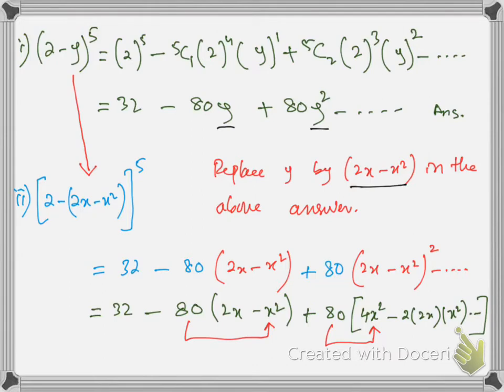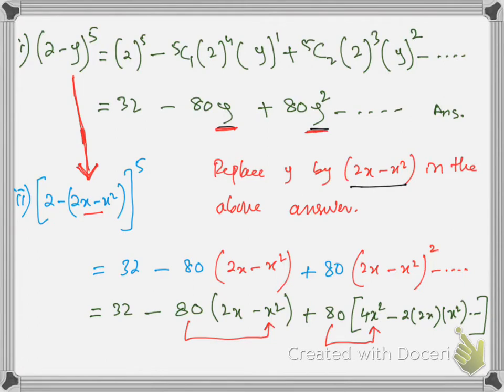So let's start the solution. First expand the first part, and this is the answer of the first part. Now you need to solve the second part. For that you need to replace y by this thing. So replace y by this here and here.